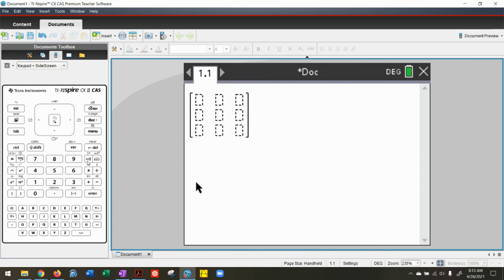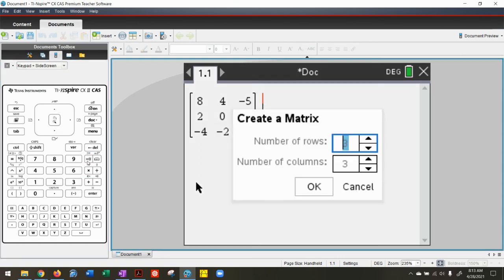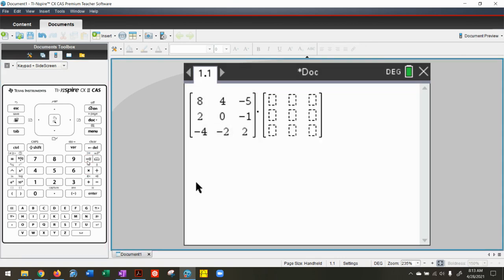Okay, here's the adjugate of A. 8, 4, negative 5, 2, 0, negative 1, negative 4, negative 2, and 2. We're going to multiply that by matrix A. Matrix A is, just a second, sorry, 1, negative 1, 2, 0, 2, 1, 2, 0, 4.